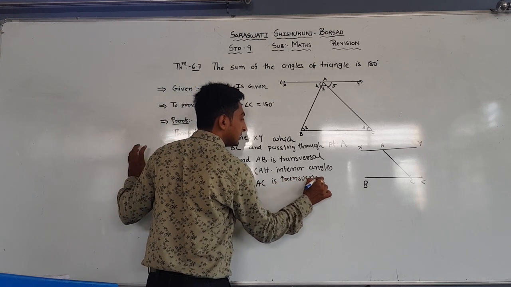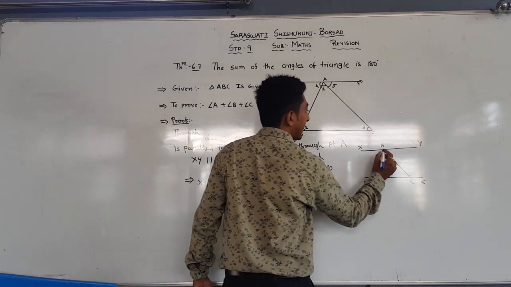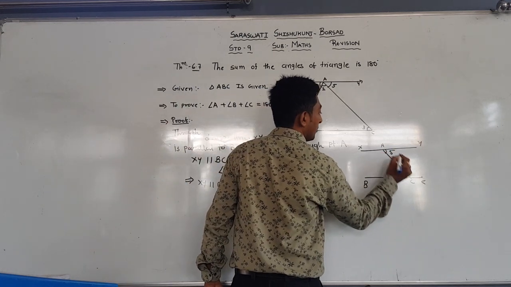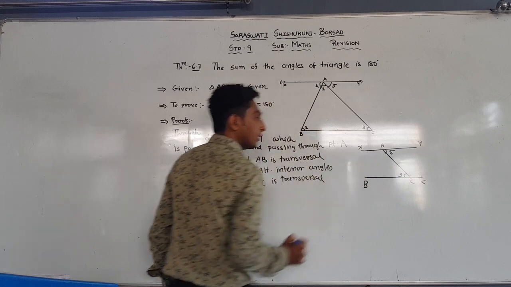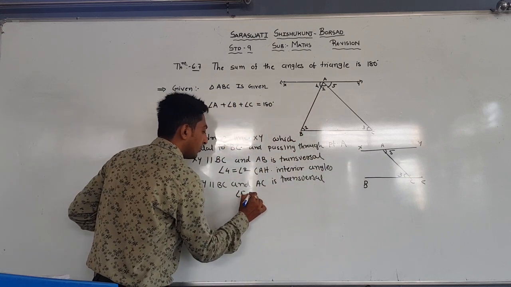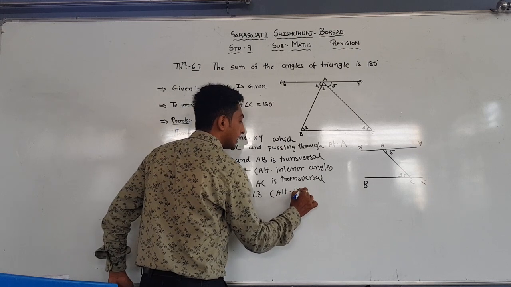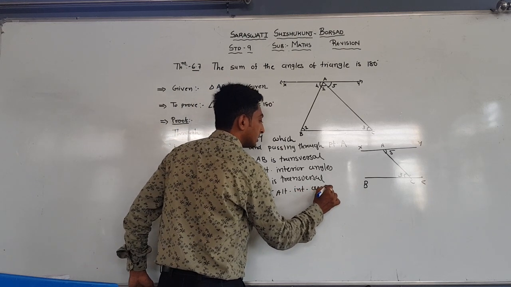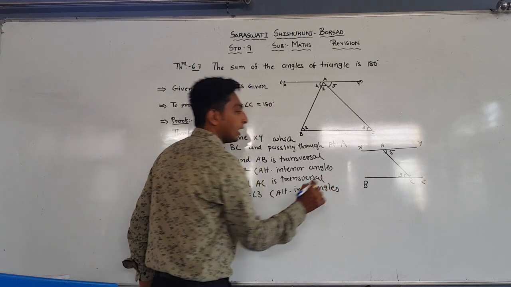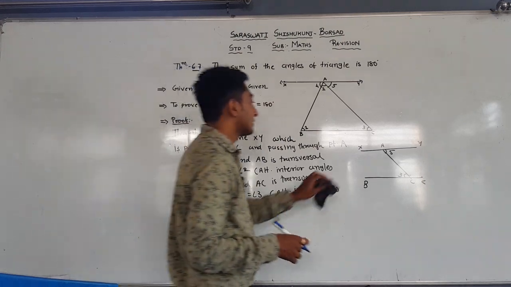So can I write angle 5 equal to angle 3, because alternate interior angles.